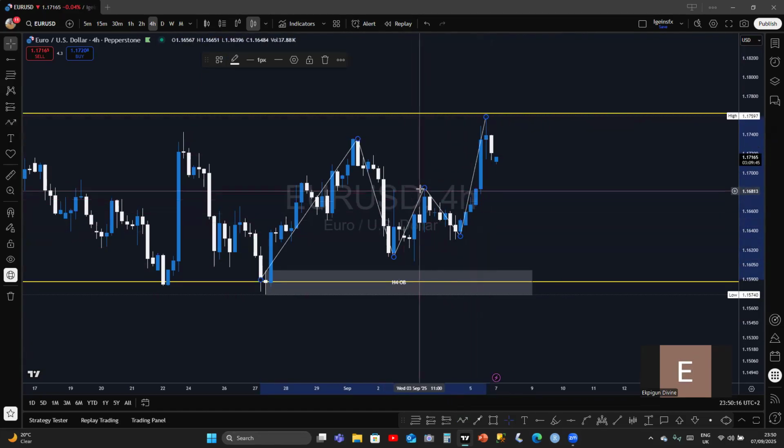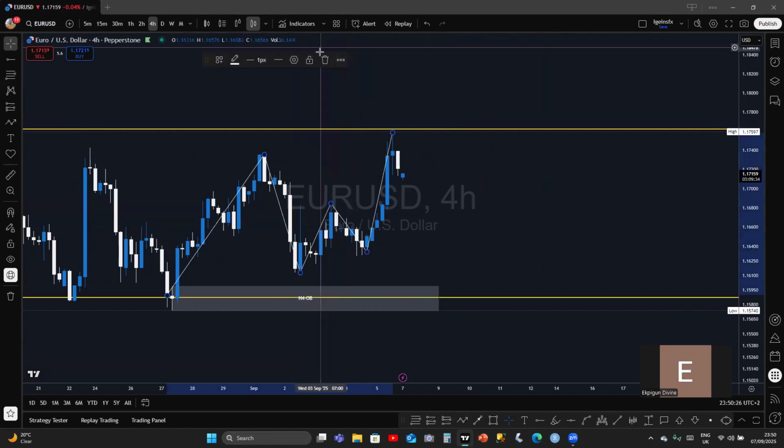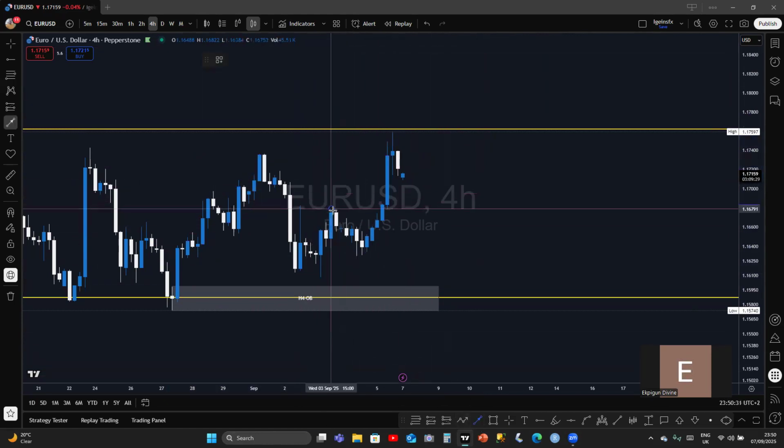Now, in here, it has given us a market shift. And it is not level. To give us a support level down and market shift there.